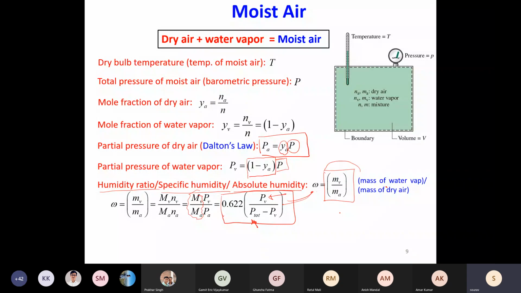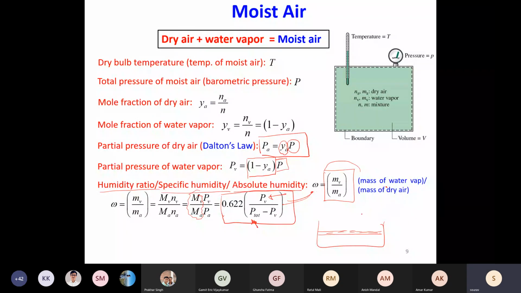Okay, and remember, as I told you, the potential for mass transport between your saturated layer just above your liquid column and the air which is far away from this container was on the basis of omega. This omega gives you the amount of water vapor present in your moist air, on the basis of per kg of dry air.